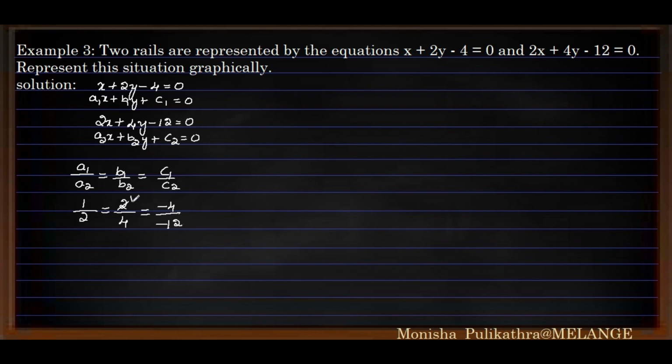Here 2 1s are 2, 2 2s are 4, minus minus cancels, 4 1s are 4, 4 3s are 12. So 1 by 2 equals 1 by 2 but is not equal to 1 by 3. So it is in the form a1 by a2 equals b1 by b2 but not equal to c1 by c2. By this rule we can understand that the graphical representation will be parallel lines.